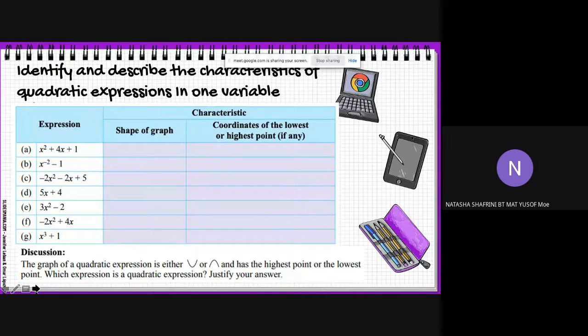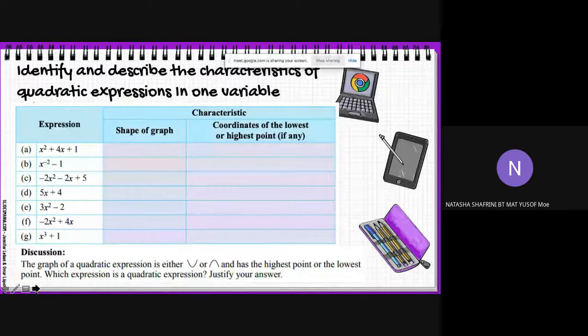Okay, kalau you nampak sana, expression A, B, C, D, E, F, G semua dia pakai X. So kalau tengok setiap expression tu dia hanya ada satu unknown je, X sahaja. So ini yang kita panggil expression in one variable.